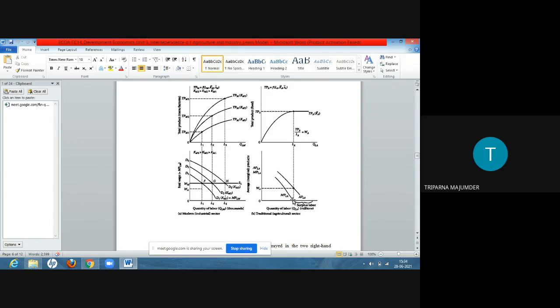All rural workers share equally the output, so that the rural real wage is determined by the average and not the marginal product of labor. This rural wage is determined by average product, not marginal product. Now, what is WA? WA is TPA by LA.